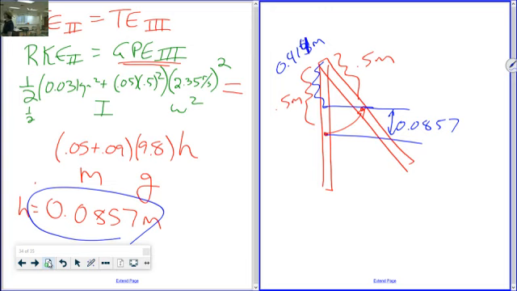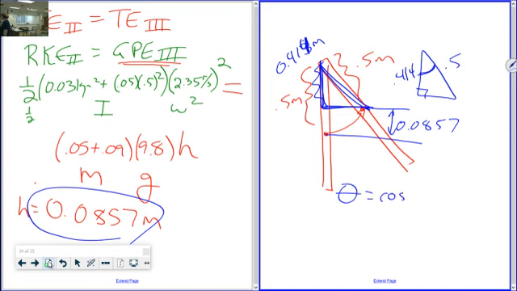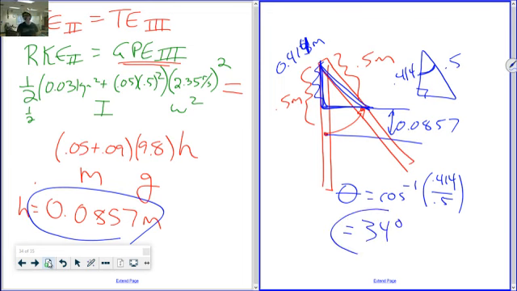All right, so now I've got this blue triangle here. 0.414, 0.5. We want to find this angle. It's a right angle, right? So inverse cosine of adjacent over hypotenuse, and it gives you 34 degrees. So there you go. There's your answer.